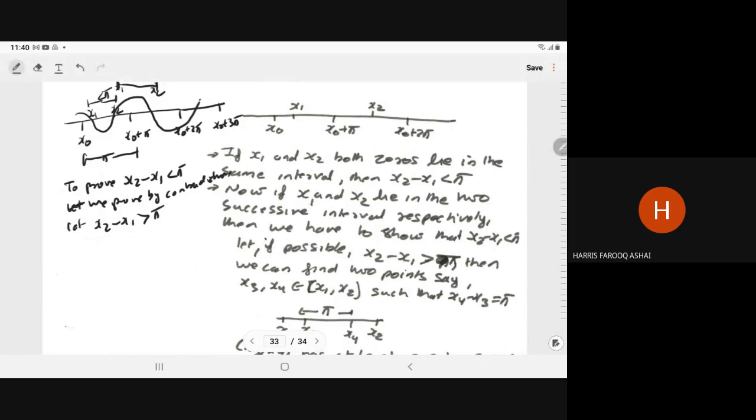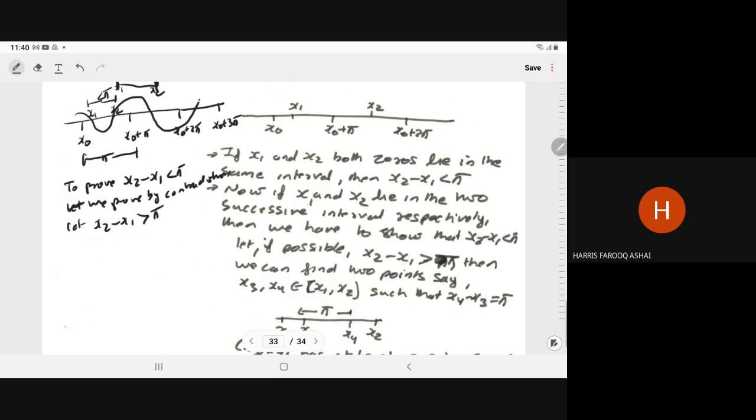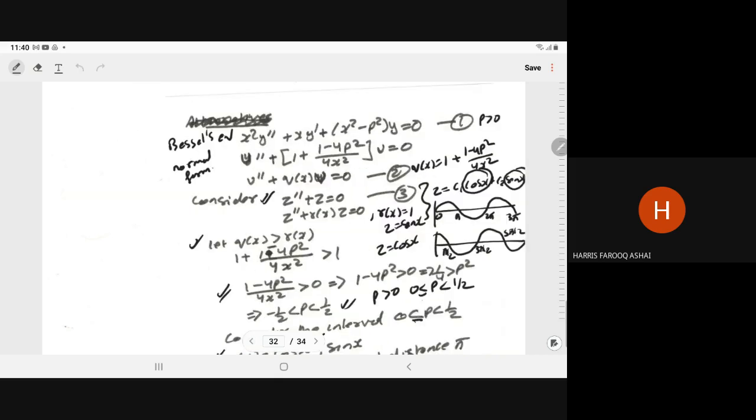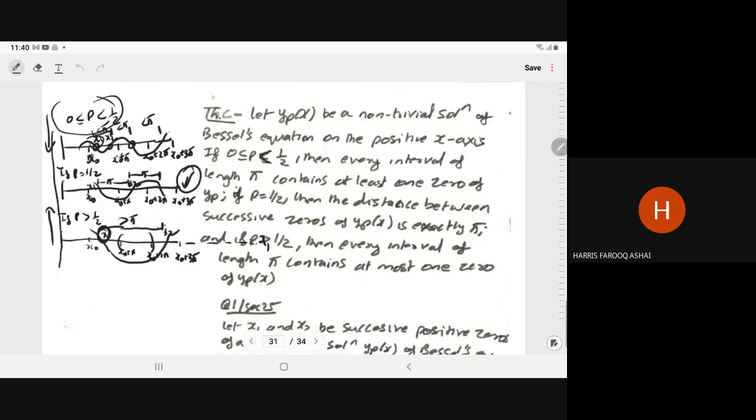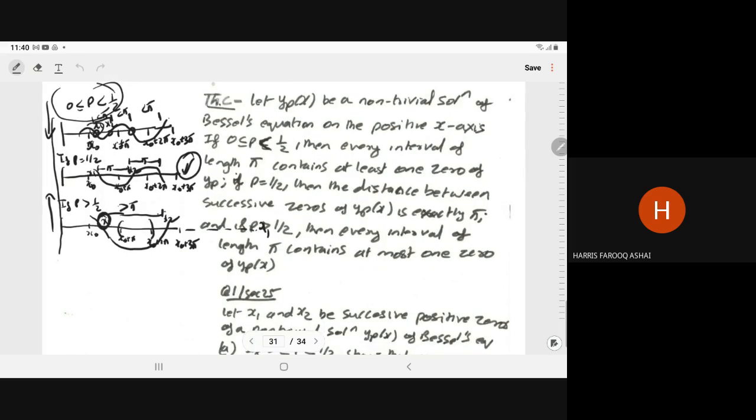When this length is greater than pi, please listen carefully to what I am saying. When x2 minus x1 is greater than pi, then by theorem C, first statement, what conclusion do we have? If p is greater than or equal to 0 but less than half, then every interval of length pi contains at least one zero of yp.